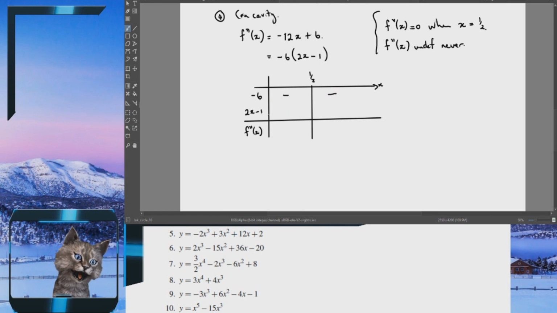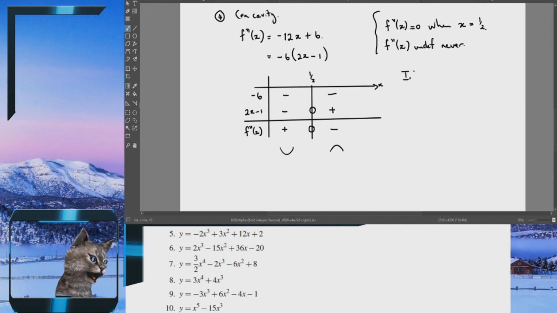Negative 6 is always negative. 2x minus 1 is going to be 0, we said, when x is 1/2. And because it's all multiplication, it makes the second derivative 0. Use representative numbers or however you want, but 2x minus 1 is going to go from negative to positive. Now, because it's multiplication, 2 negatives will make a positive, 1 negative will make a negative. And my original graph is going to bend up in some way and down on the next section.